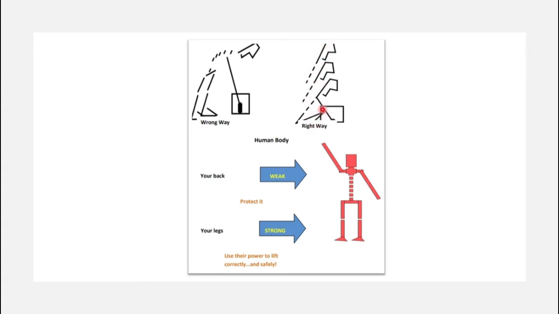Tapos yung paa mo ay naka-balance or pinoprotect niya yung bubuhatin. Human body, your back is weak. Para ma-protect yung likod, kailangan natin yung legs kasi yung legs ay strong. Use their power to lift correctly and safely.